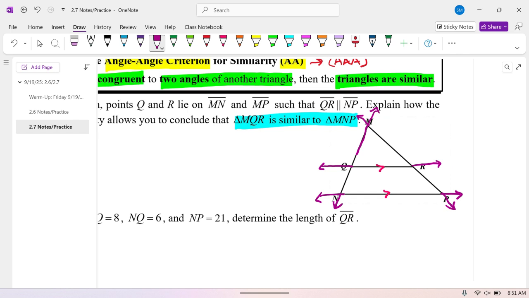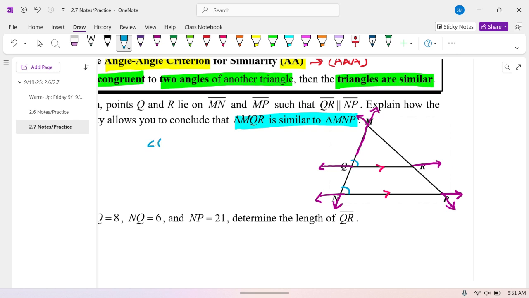So, for example, how is angle Q congruent to angle N? How would those be congruent? By what theorem? So angle Q and angle N, what type of angles are they? Corresponding.